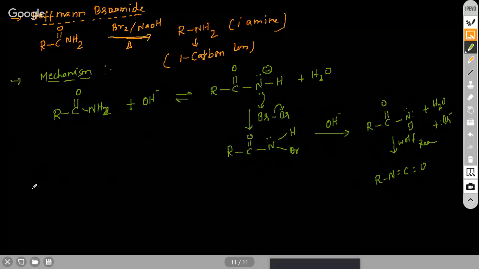Understood? Now this is the first step reaction where the nitrene forms and we get this isocyanate. Now in this isocyanate, the last step reaction is what? RN double bond C double bond O with the base OH minus, and this base will attack onto this carbon. Okay, and this pi electron goes here onto this nitrogen. So we'll get this RN C(OH) double bond O, and on this nitrogen we have two lone pairs.